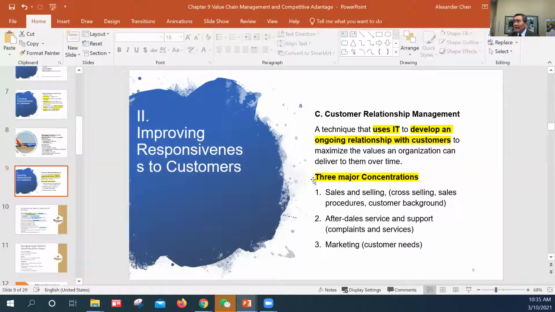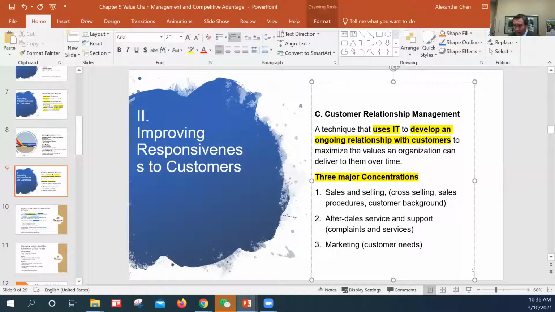And there are three major areas. One is sales and the selling procedure. The second one is after-sales service and support. The third one is how to do the new marketing.